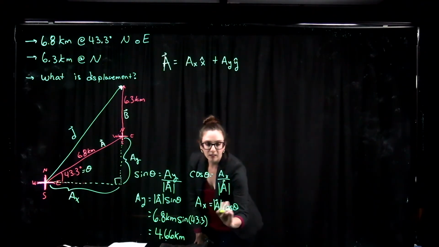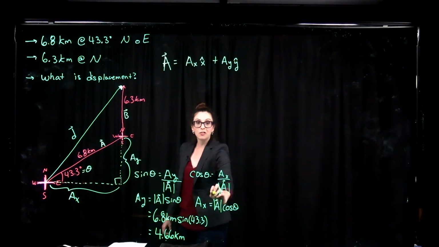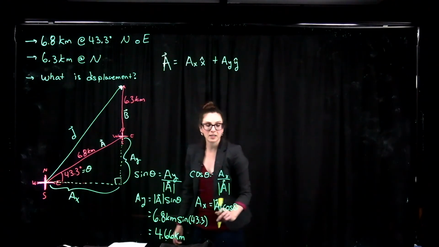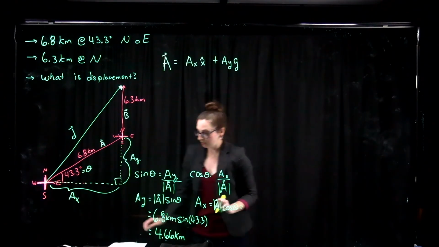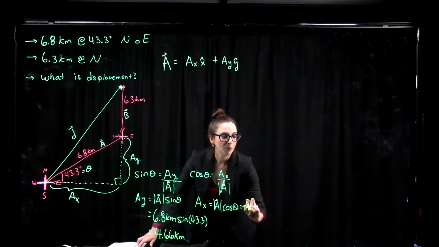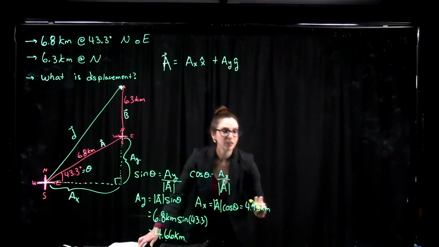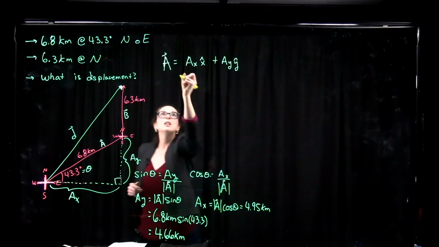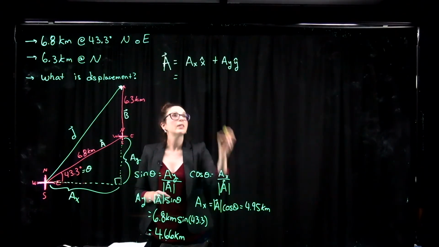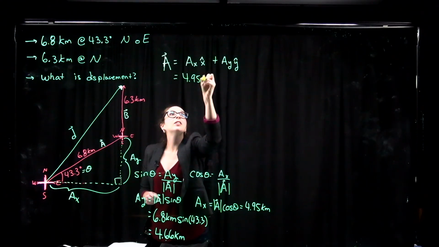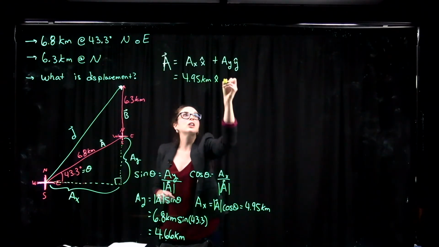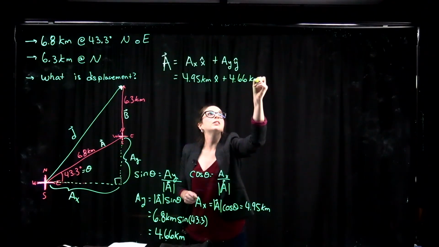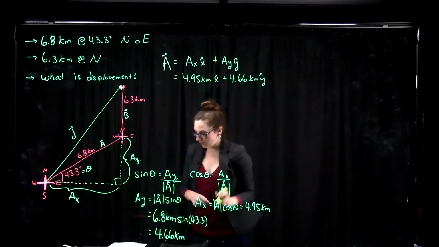And then the magnitude of A for my X component, that's also 6.8 kilometers, cosine of 43.3 degrees this time, and then my AX component is 4.95 kilometers. So I can plug those into my A vector up here. So the A vector looks like 4.95 kilometers in the X direction plus 4.66 kilometers in the Y direction.